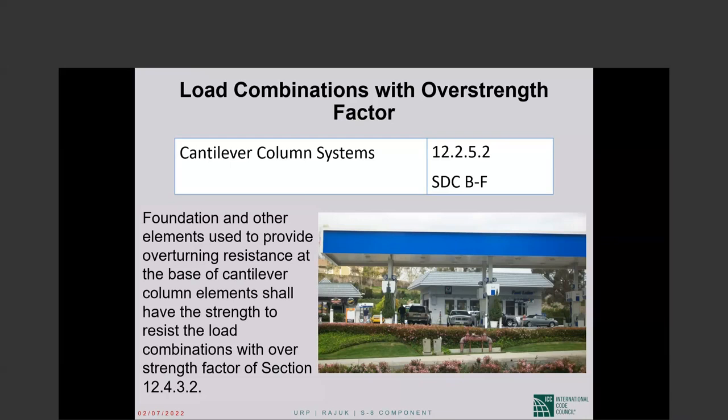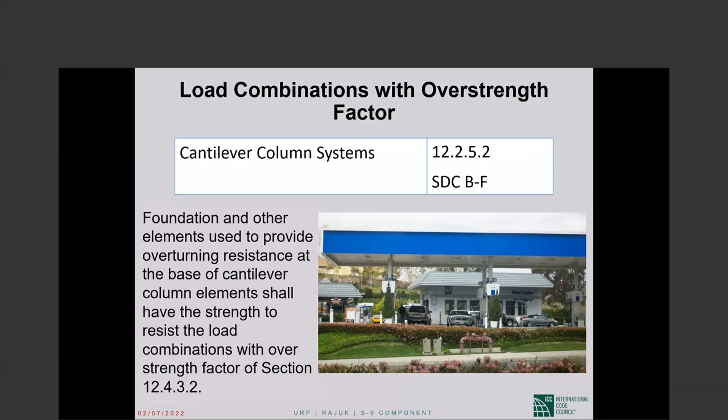You cannot just willy-nilly use them at your whim. That will be to the detriment of your structure. So these load combinations with overstrength factor shall be used where required and shall not be used where not required. The second part is more important than the first part, I would say. Okay, please do not use them where they're not required.